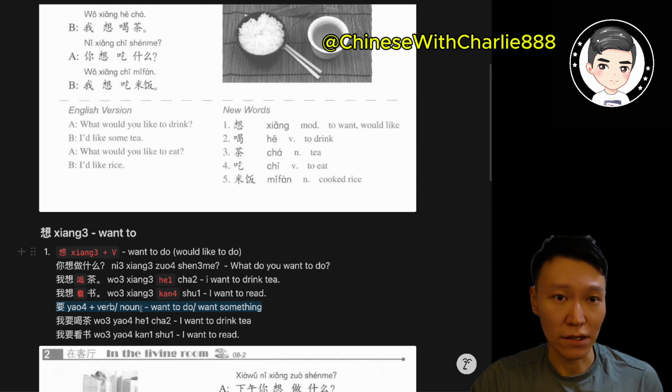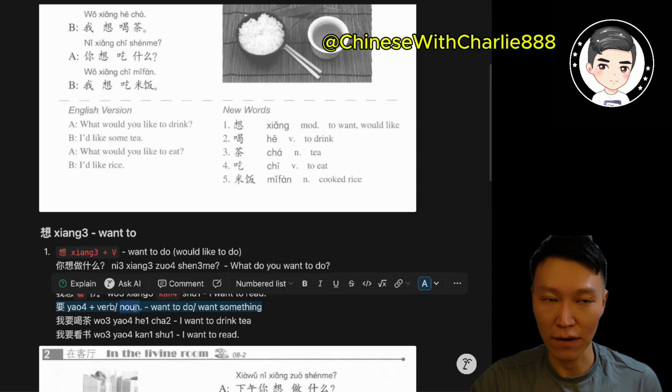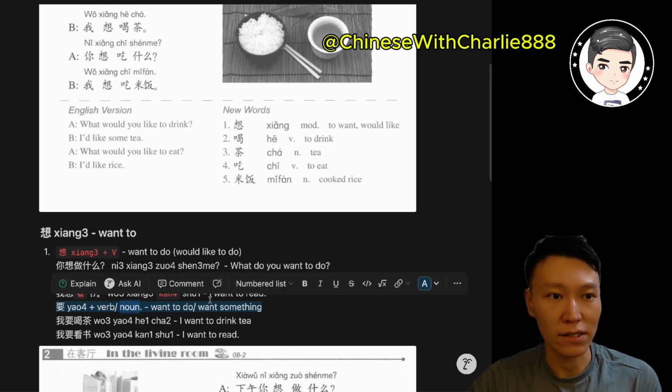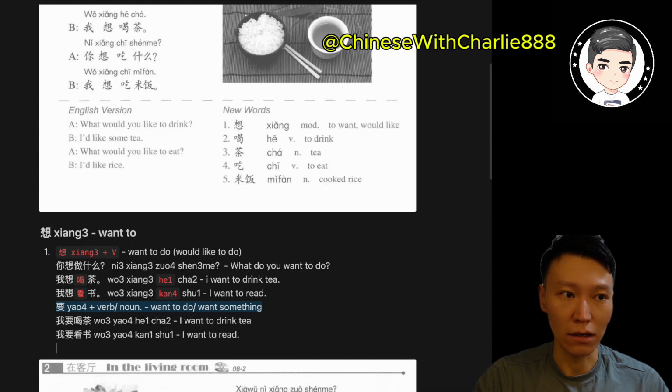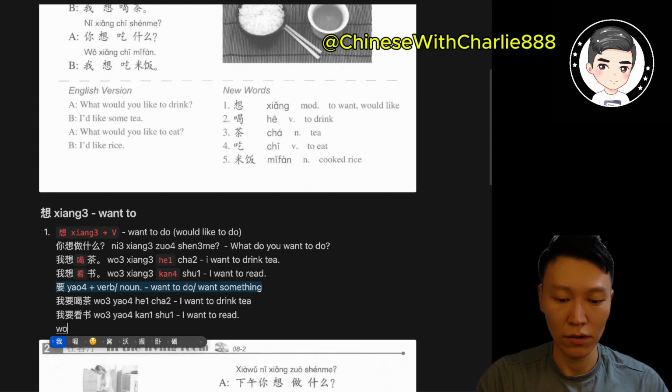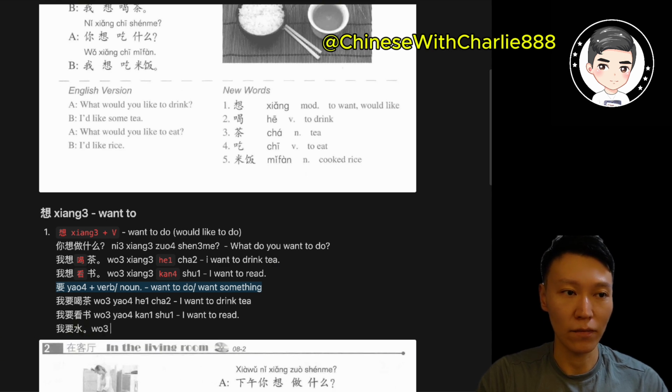And the second difference is we know grammatically we can use a noun after 要, meaning want something. For example, you can say 我要水, which means I want some water.